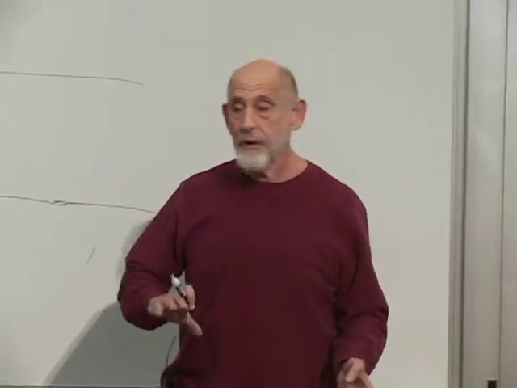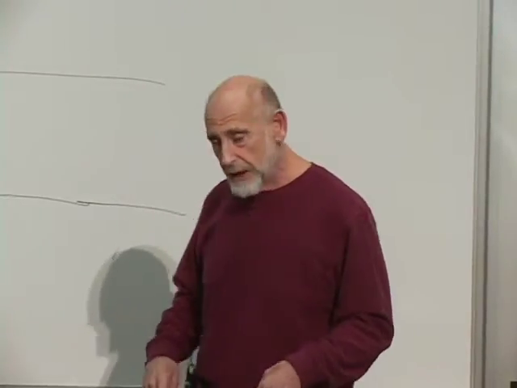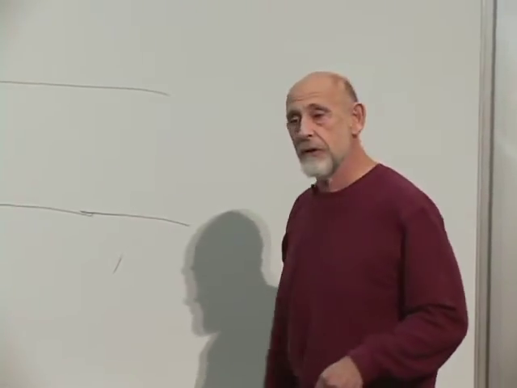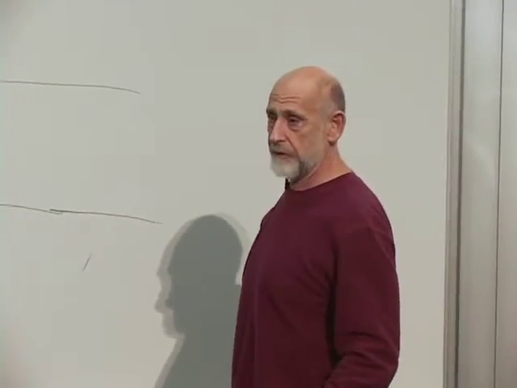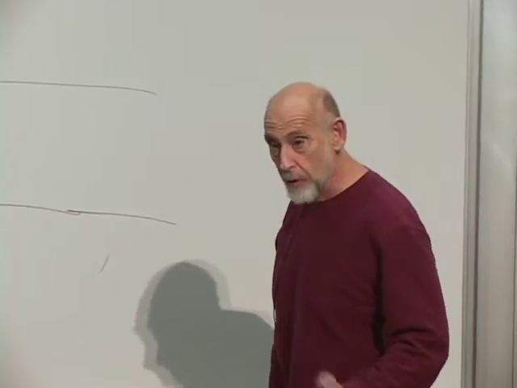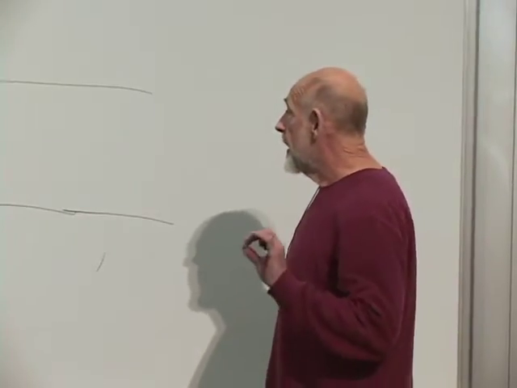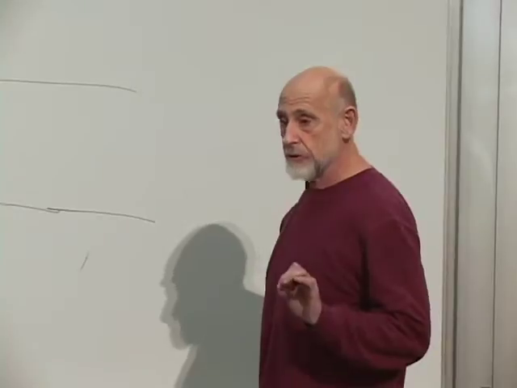Not all string theories are the same. They're different from each other, but there's a fairly small classification of them. The string theories that I'm interested in right now have only closed strings. We're going to come back to what happens when you have open strings in a little while. But for the moment, only closed strings.